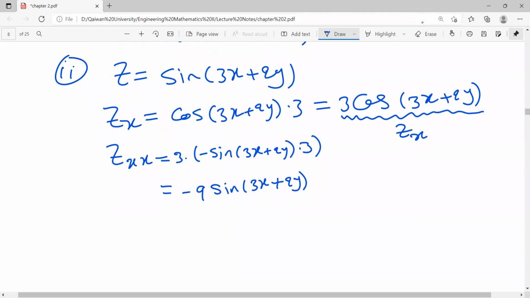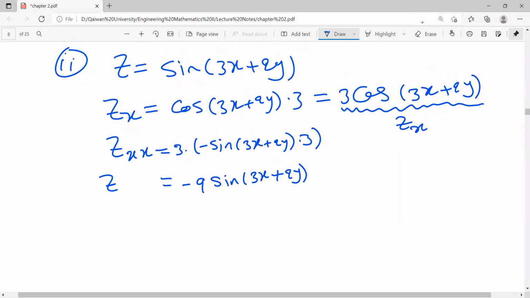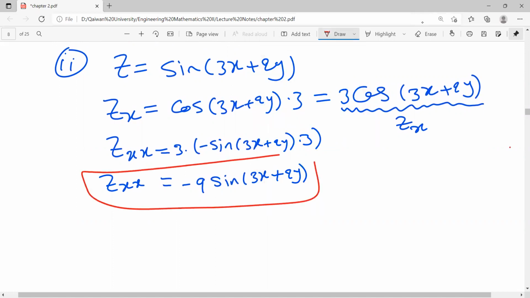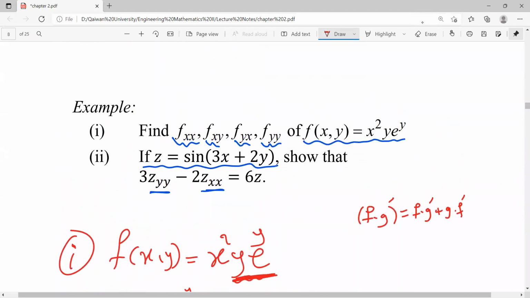And also, we should find z sub yy. Look, in the equation that we should show that both sides are equal, we have z sub xx, z sub yy, and also z.